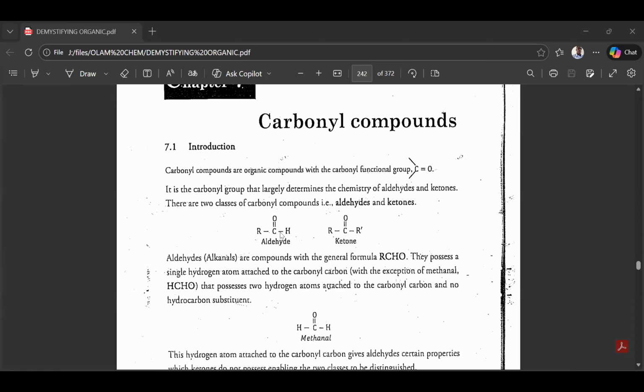This carbonyl group has a carbonyl carbon, and it's on that carbonyl carbon where hydrogen is attached. Now, we are saying that the ketones don't have.